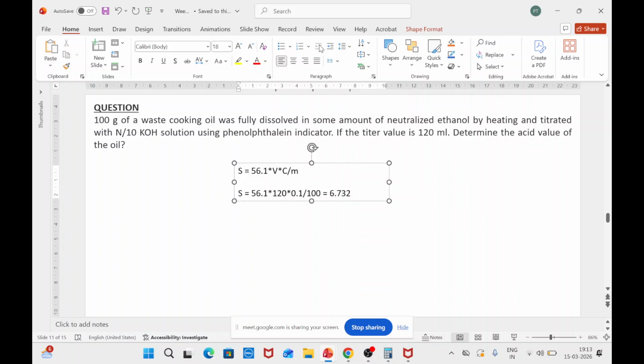And as we discussed, this is a dimensionless quantity. So the S value is going to be just 6.732. So this is just a two line problem.